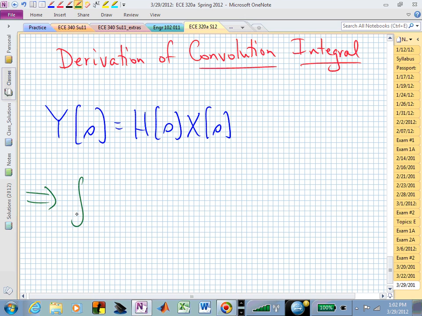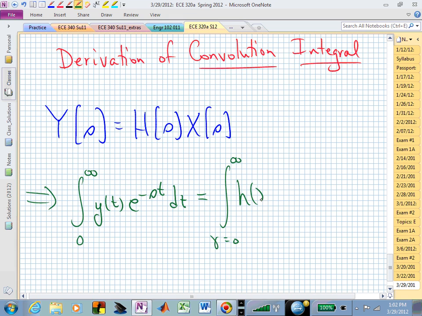The Laplace transform of y, to create capital Y of s, is this integral from 0 to infinity of y of t e to the minus st dt. That's the definition of capital Y of s. Well, we can do the same thing for h and x, but let's keep track of the variables of integration. Let's call the first one variable of integration gamma. That's capital H of s.